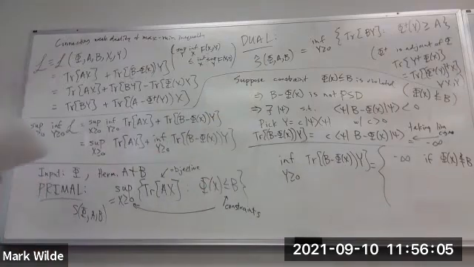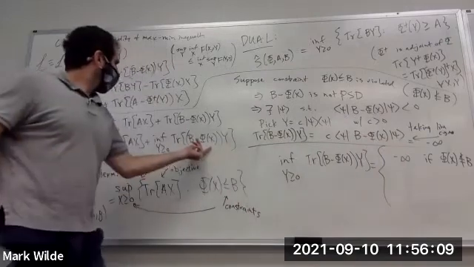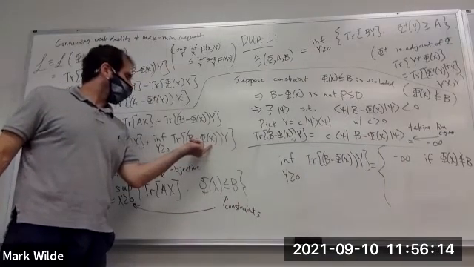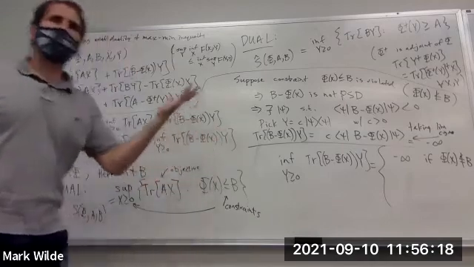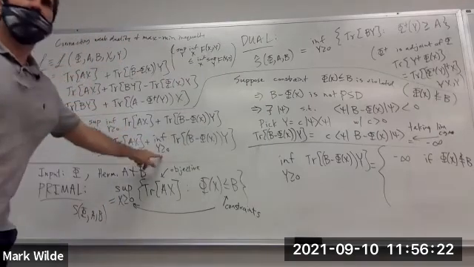Okay? On the other hand, if the constraint is not violated, if it's satisfied, v minus phi x is a positive semi-definite operator. Y is as well, right?